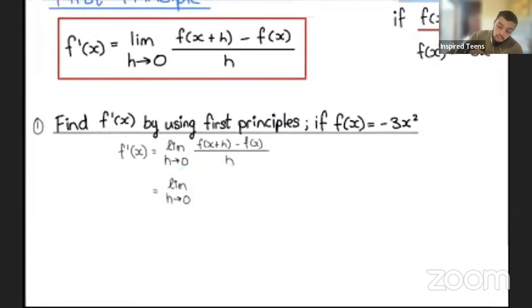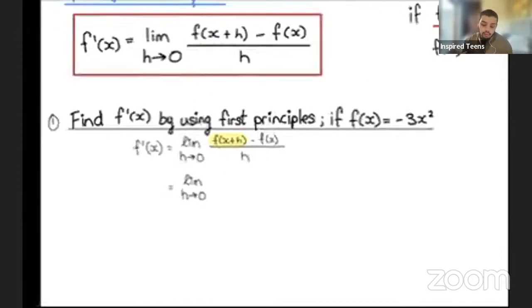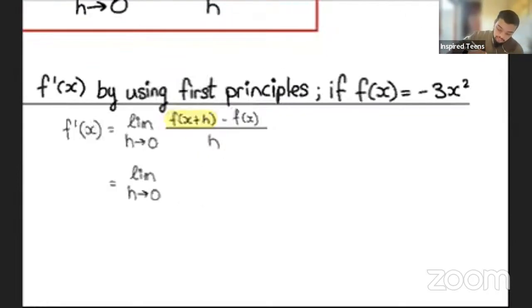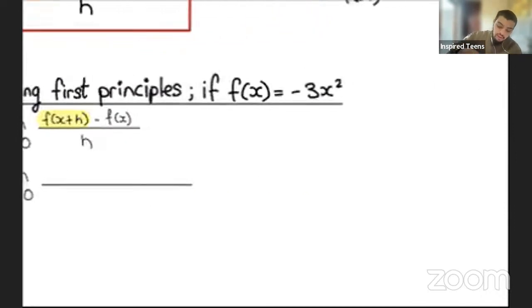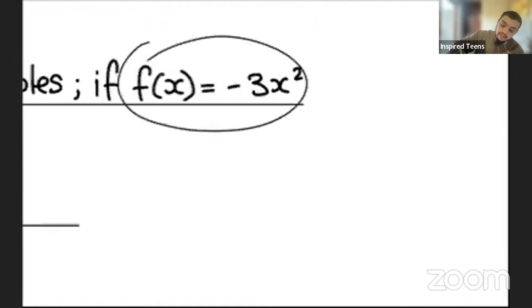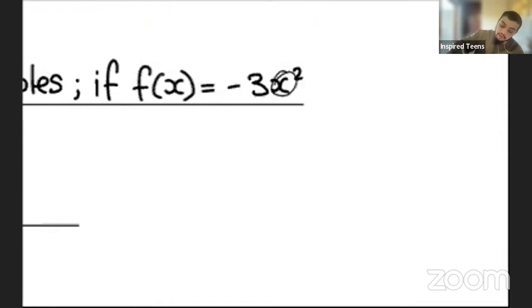Now we want to try and find f of x plus h. Sometimes you can do this separately if you'd like, but I'm going to do it all in one step. F of x plus h is really simple. How do we express this? The normal function here is f of x, which is equal to negative 3x squared.